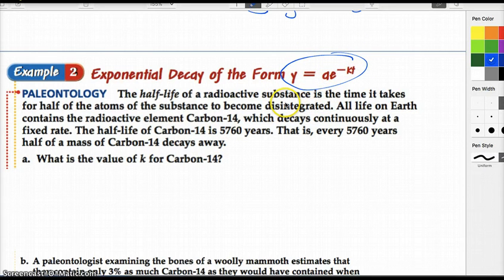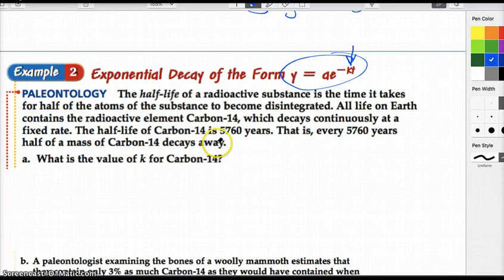So here is an exponential decay form, particularly in science classes, where we have this constant K that is specific to the situation. In this case, we're dealing with the half-life of a radioactive substance, which is the time it takes for half of the atoms of the substance to become disintegrated. All life on Earth contains the radioactive element carbon-14, which decays continuously at a fixed rate.